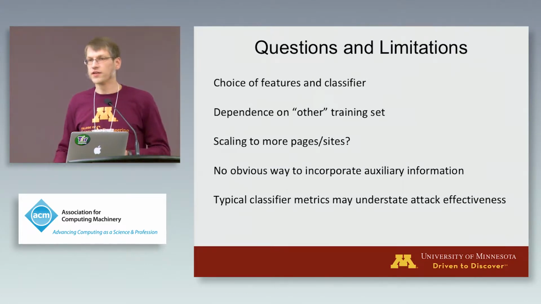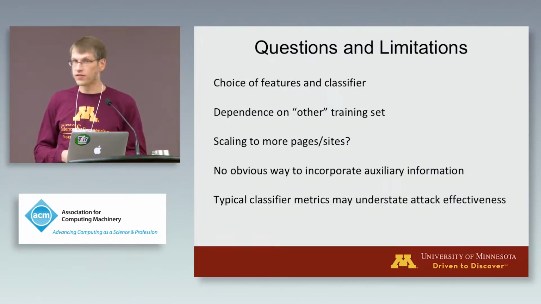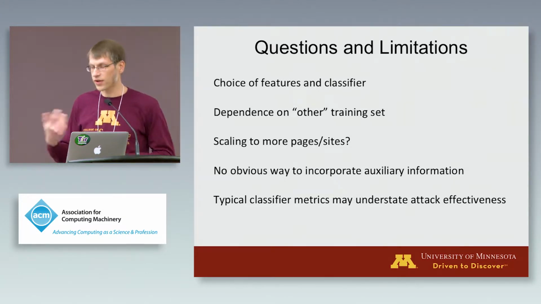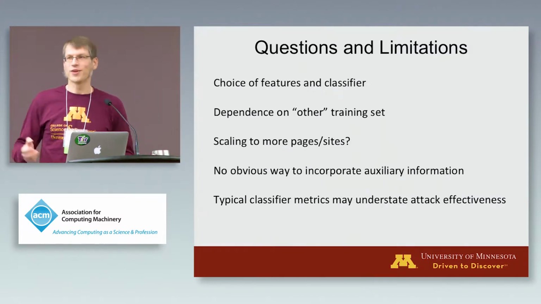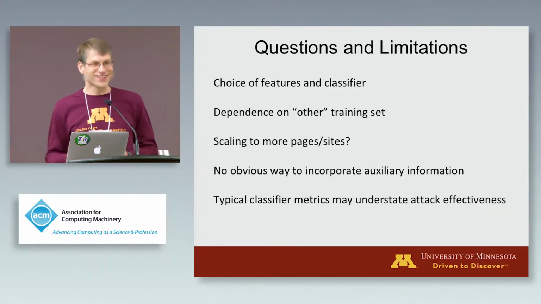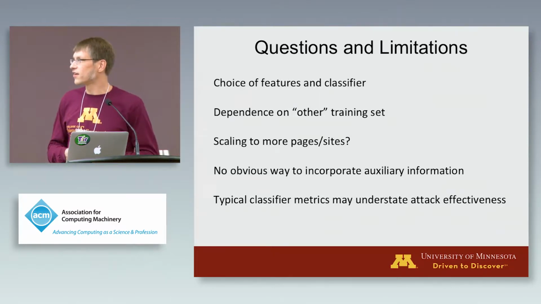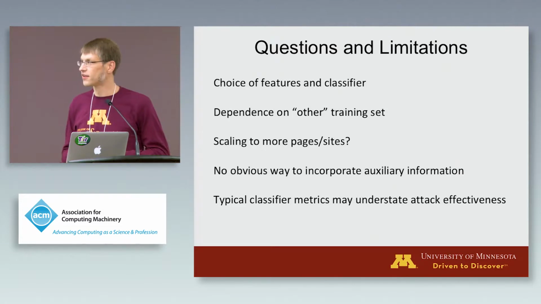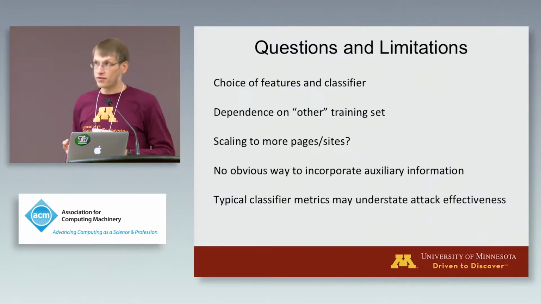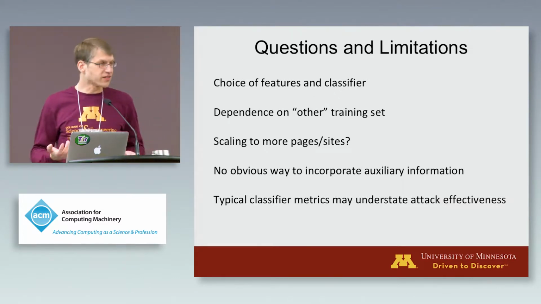There's no obvious way when you're using a classifier to incorporate auxiliary information that an adversary might have. If I'm in different parts of the world, I might be observing different kinds of traffic, or, as an adversary, I might have different ideas about what kind of traffic my victims are sending over Tor. Because of that, the metrics we use to measure how well the classifier does at telling apart monitored from non-monitored websites, or website A from website B, might actually be underselling the attack effectiveness.